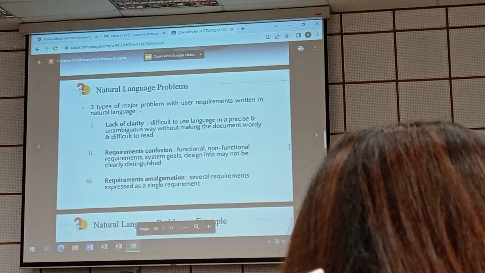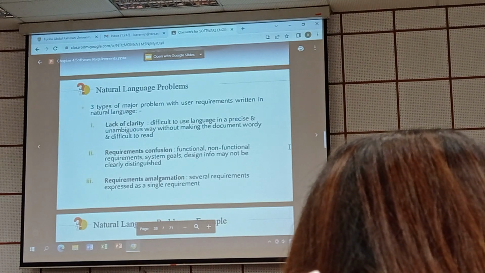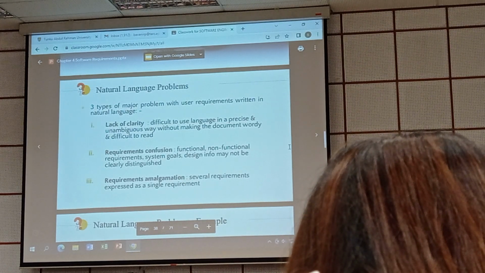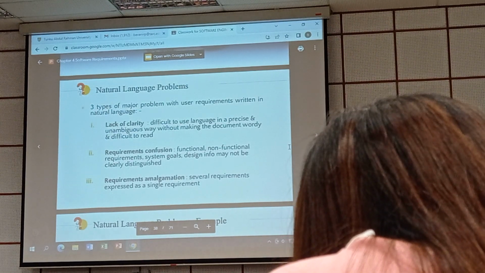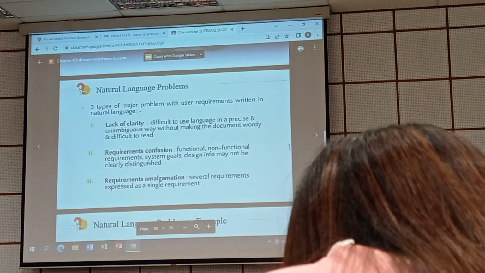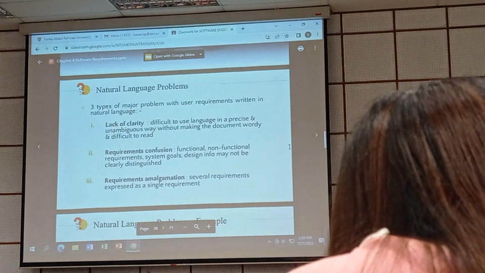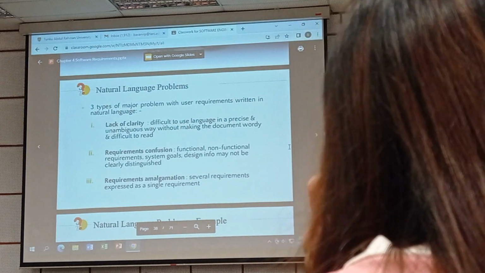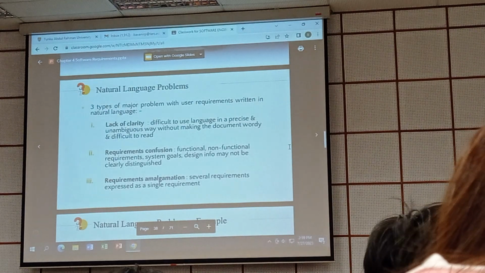The requirement confusion happens mainly in the functional requirements. Because you tell me you want this, and suddenly you change, you are out of your goal already. Another problem is requirement amalgamation.